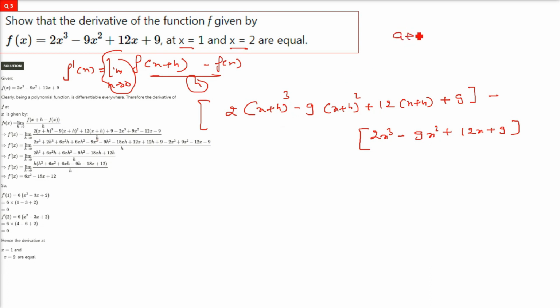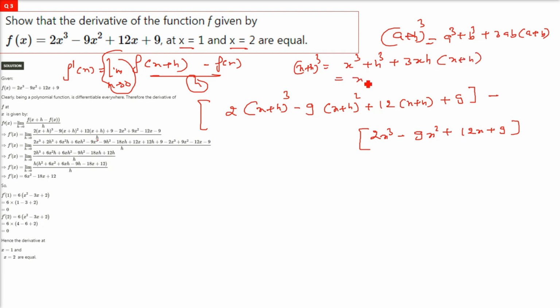(a plus b) whole cube is what? A cube plus b cube plus 3ab (a plus b). This is the way I remember. You can also remember, or if you have another way of remembering, you can just open this. 2 is already there. So just open this, (x plus h) whole cube is a cube, that is x cube, plus h cube plus 3ab, 3 into x into h, and (a plus b), that is x plus h.